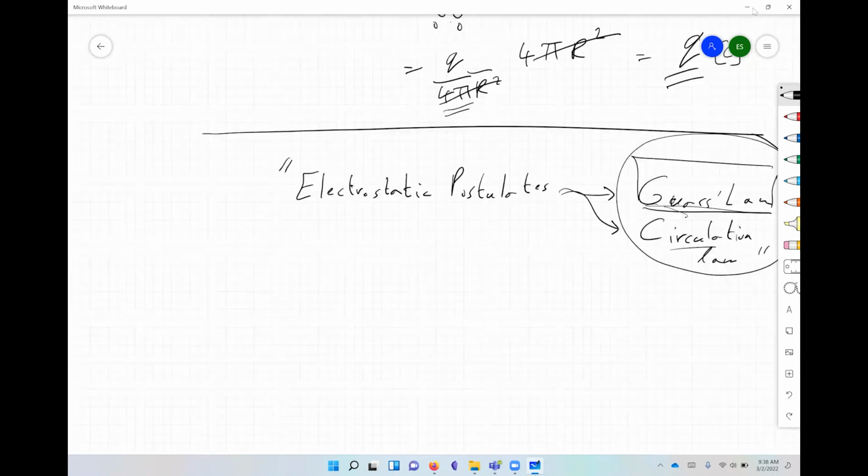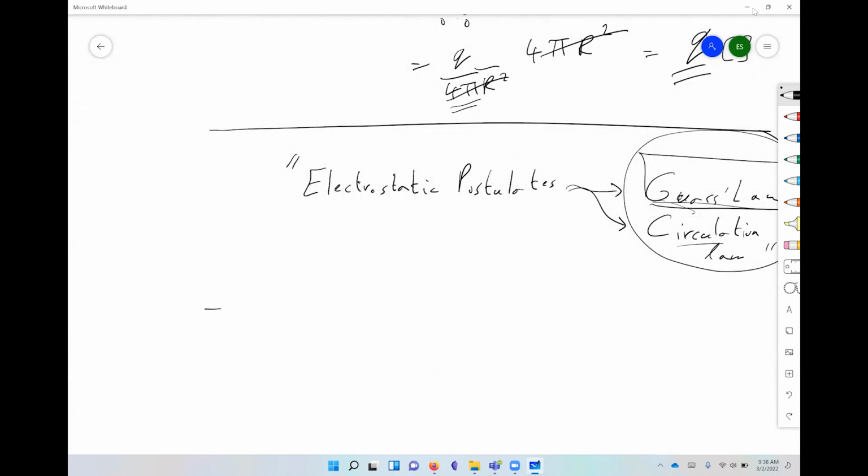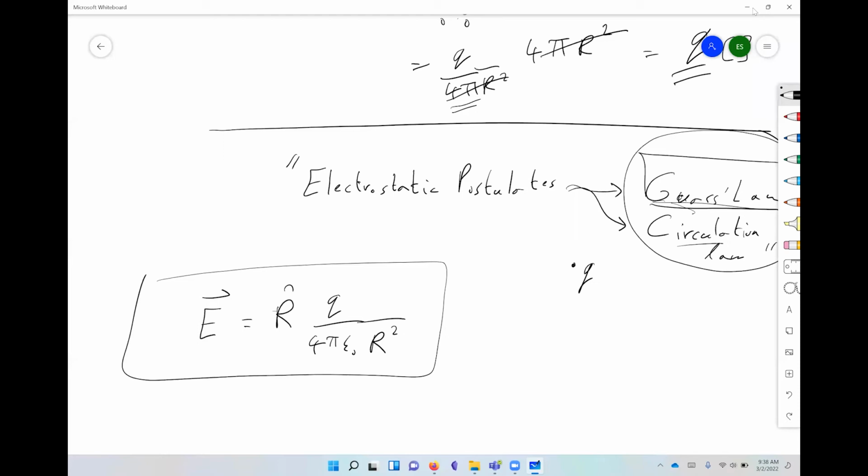So the idea is that I have the definition of the electric field intensity due to a point charge. So this is r hat q over 4 pi epsilon naught r squared, where r without an arrow is just the magnitude of the distance vector from the origin to the q charge, right? This is r.